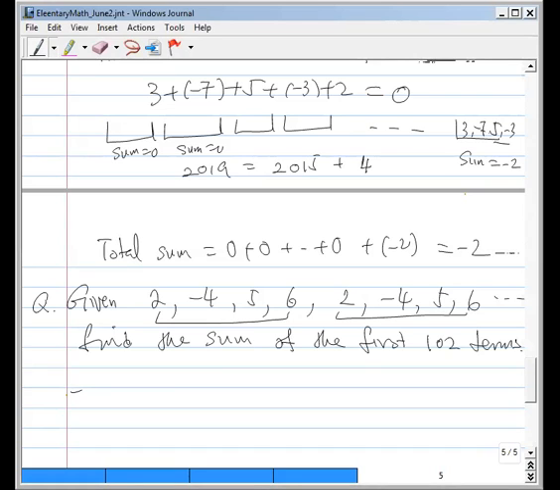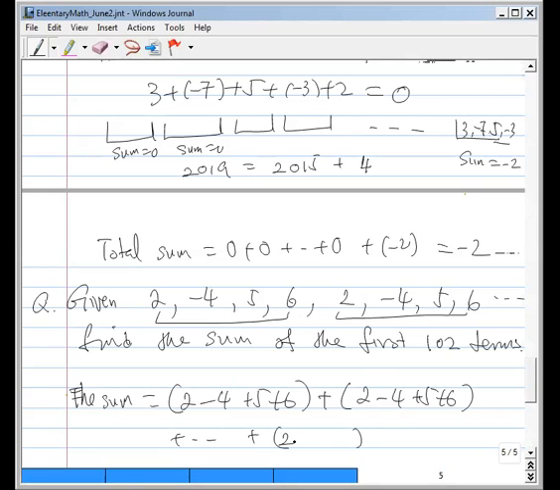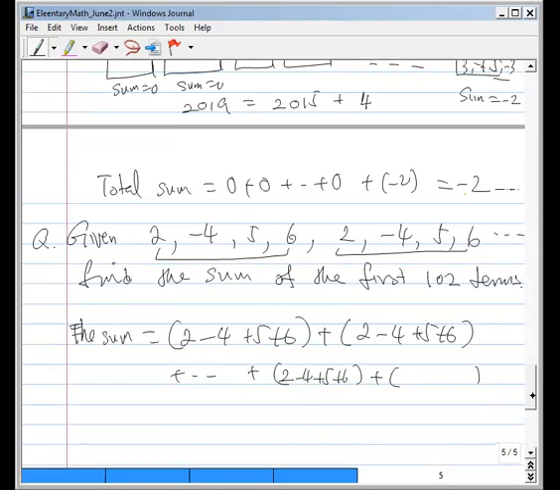So the sum you can add, right? And the last one is also 2 - 4 + 5 + 6, but you have to add it as a partial block.